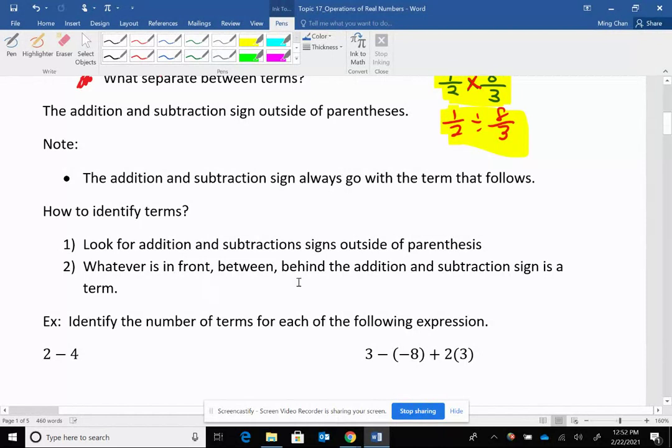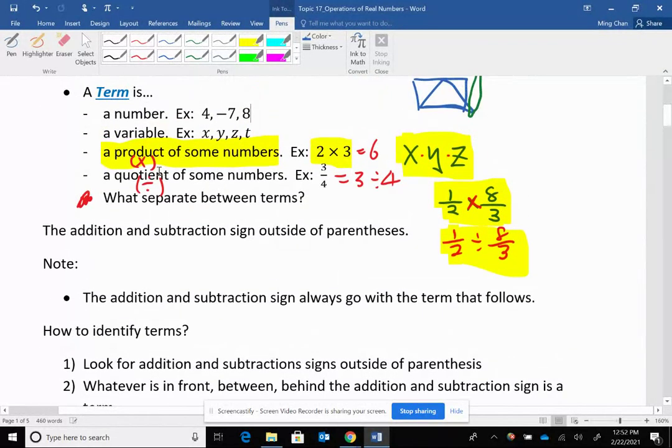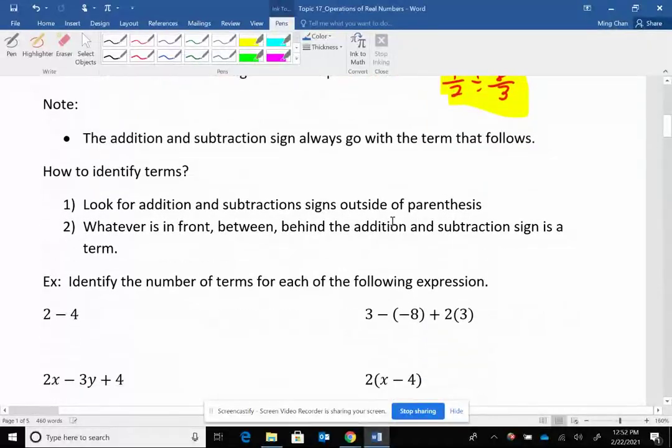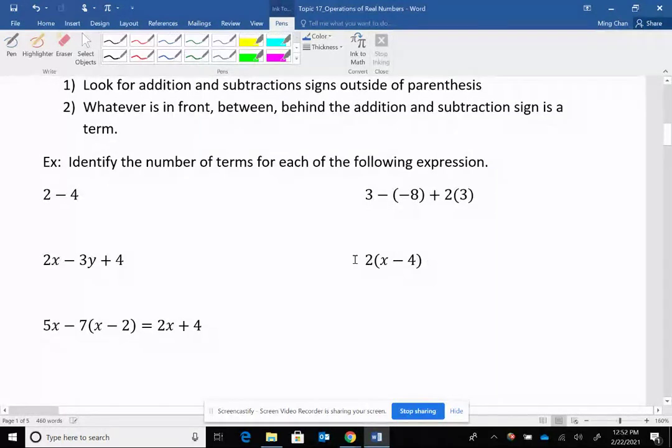All the highlighting I did then was to begin to show you how to distinguish terms. Once you locate these addition and subtraction signs outside the parentheses, whatever is in front, in between, and behind those signs is considered one term.